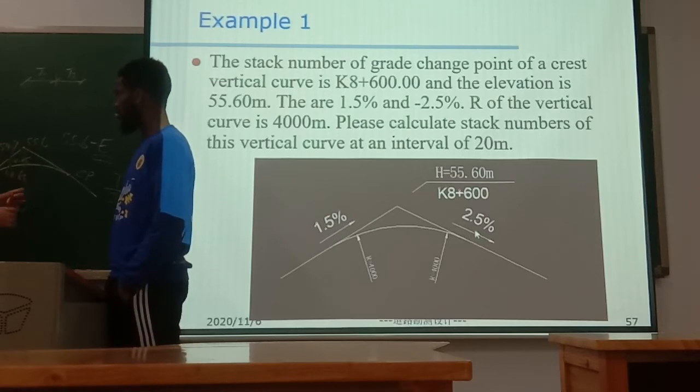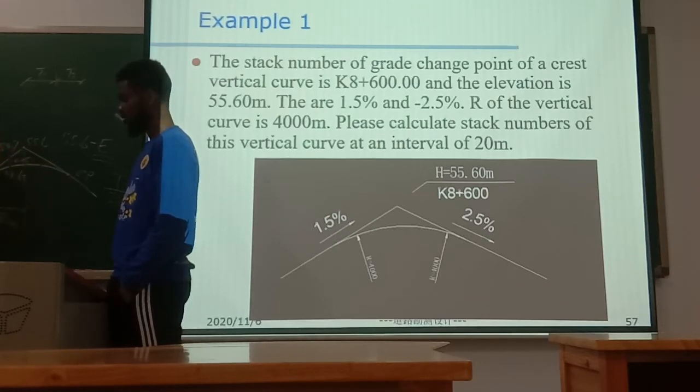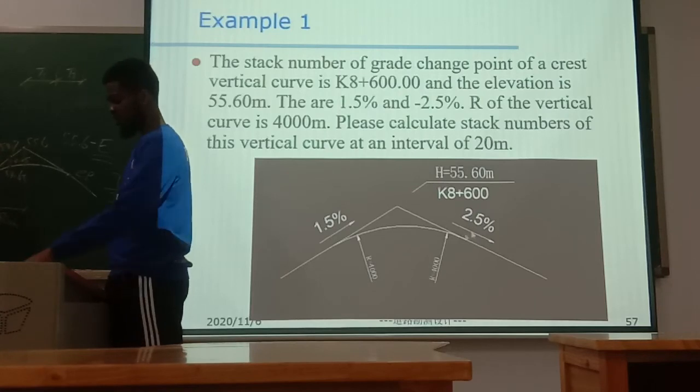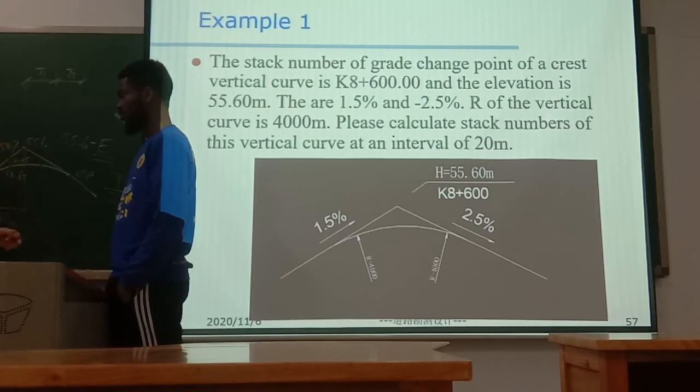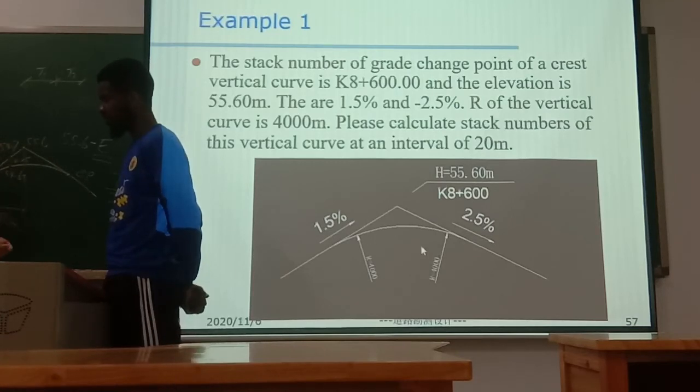If this slope is 1.5, they are the same, symmetric. But in this situation, it's asymmetric. So the elevations of the start and end point are not the same. They are different.